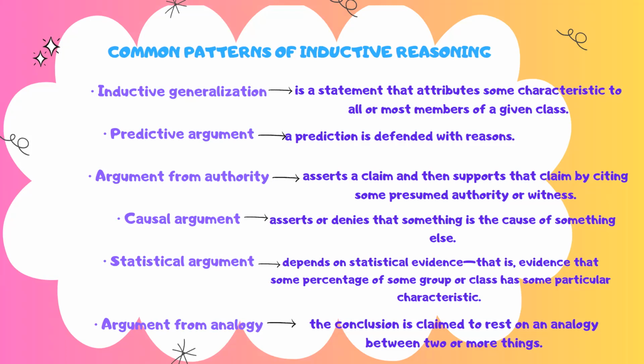The other one is causal argument, which asserts or denies that something is the cause of something else. An example: I can't log on, so the network must be down. The next one is statistical argument, which largely rests on statistical evidence, that is, evidence that some percentage of some group or class has some particular characteristic.